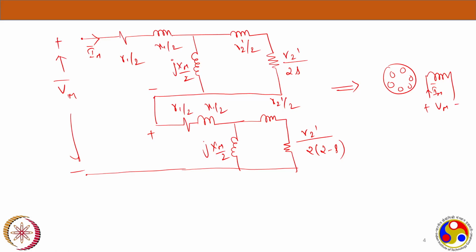There are many series resistances and parallel impedances, so we will combine all the resistances and reactances first to arrive at the final equivalent circuit.